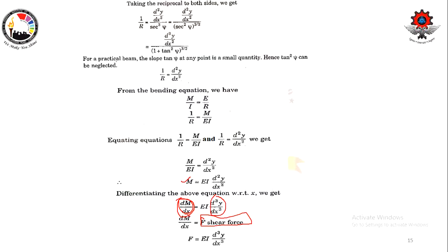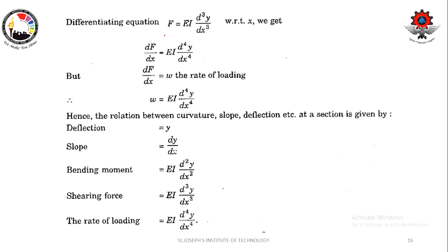So change in moment with respect to x is the shear force. You would have studied in bending moment and shear force diagrams that change in moment with respect to x is your shear force. Therefore F is equal to EI d cube y by dx cube, right?